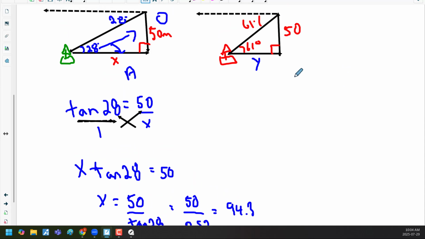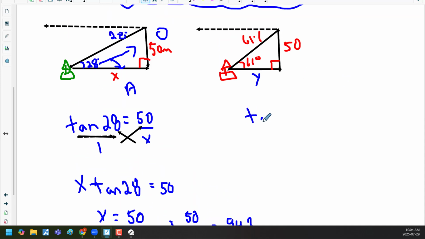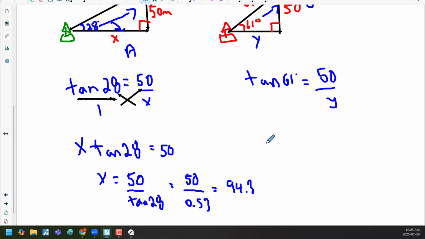We're going to do the same thing with y. We're going to use tan again because it's the same labeling, opposite and adjacent, right? So tan of 61 degrees is equal to opposite, which is 50, over y. We have y tan 61 because of the crisscross is equal to 50, because 50 times 1 is just 50.